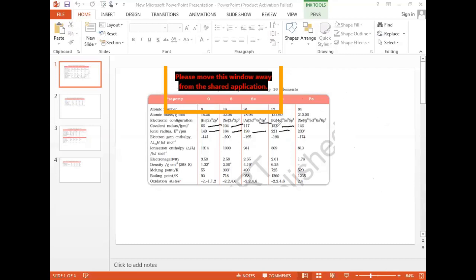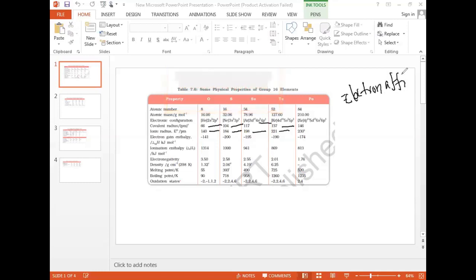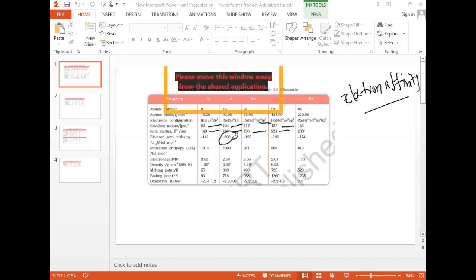Now come to the electron gain enthalpy. Electron gain enthalpy means electron affinity; the meaning of both will be the same. The electron affinity value will be more negative for sulfur rather than oxygen, because of oxygen's small size.